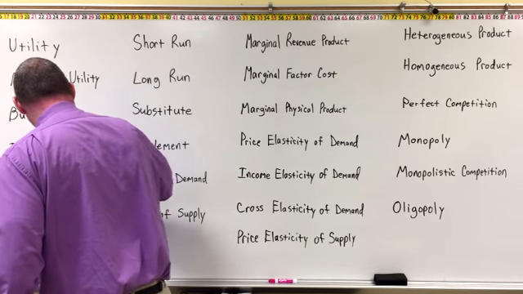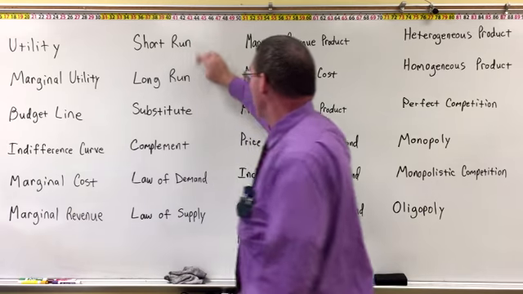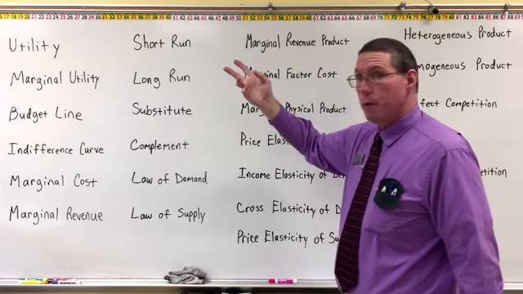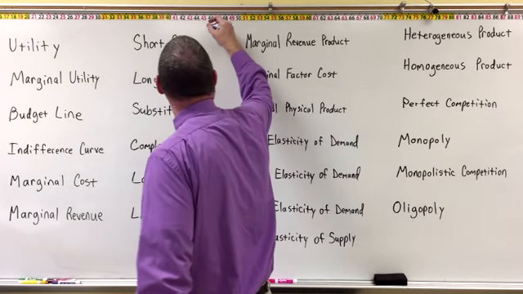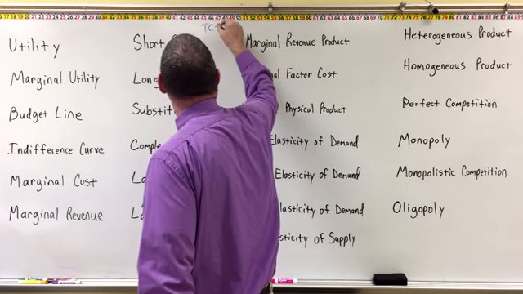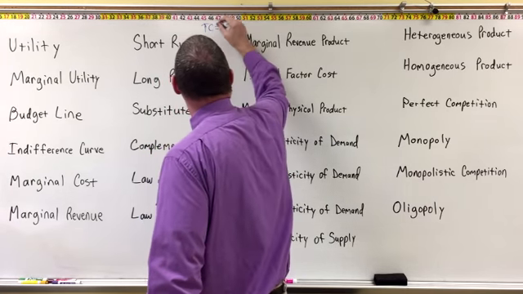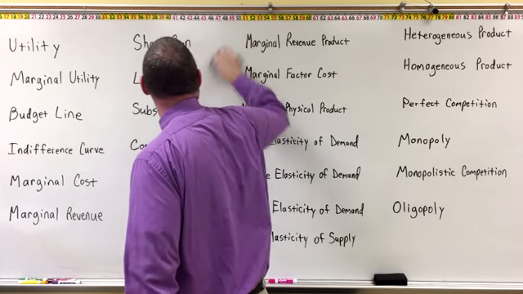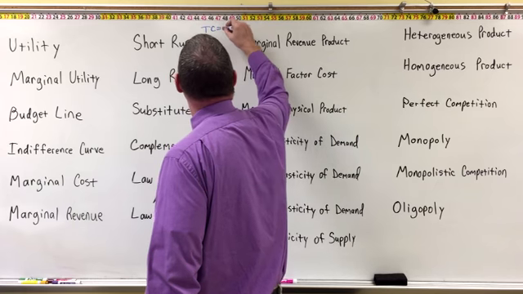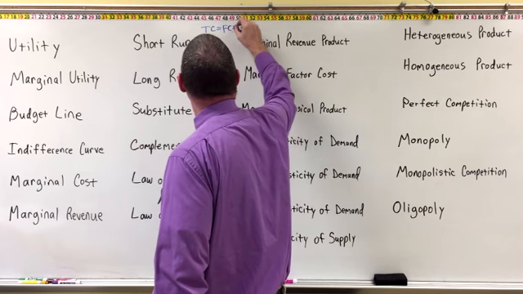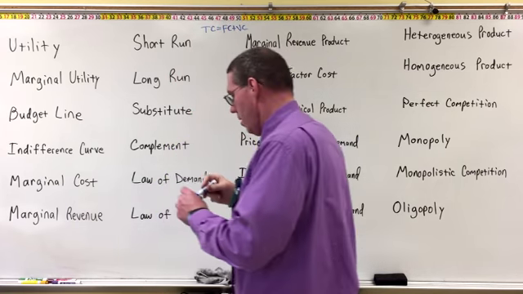All right, let's talk about short run and long run. This has to do with fixed costs mainly. Remember that total cost is equal to fixed cost plus variable cost.